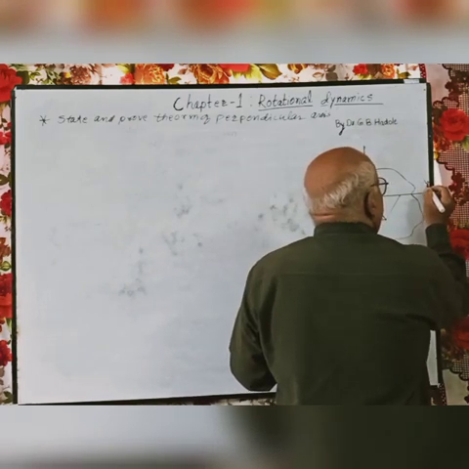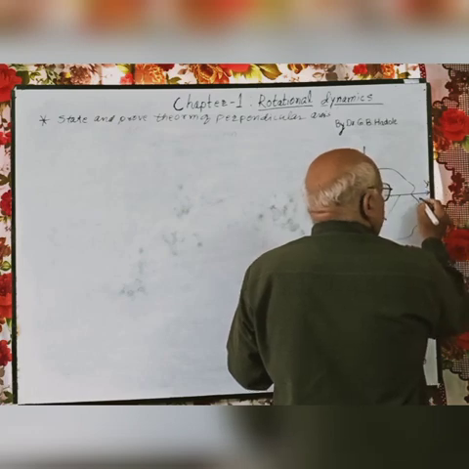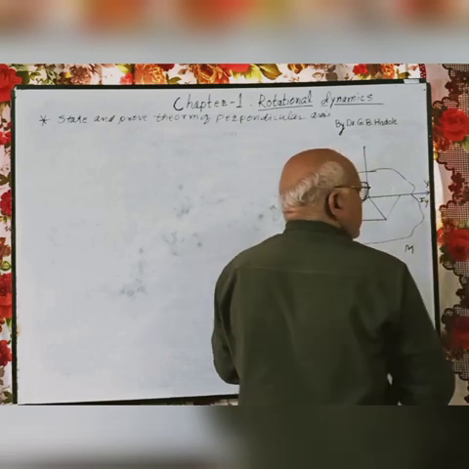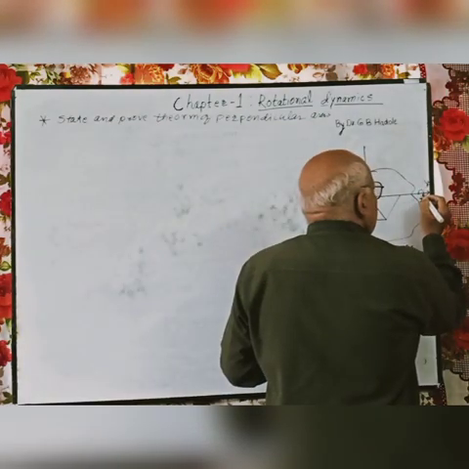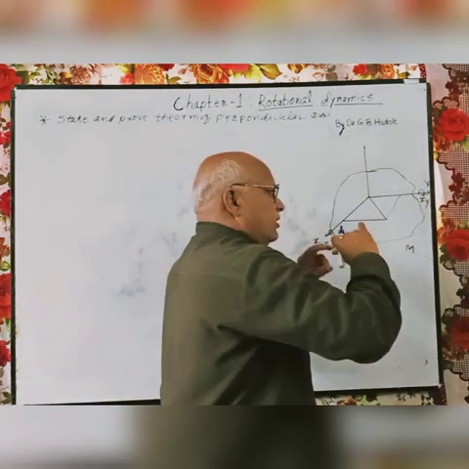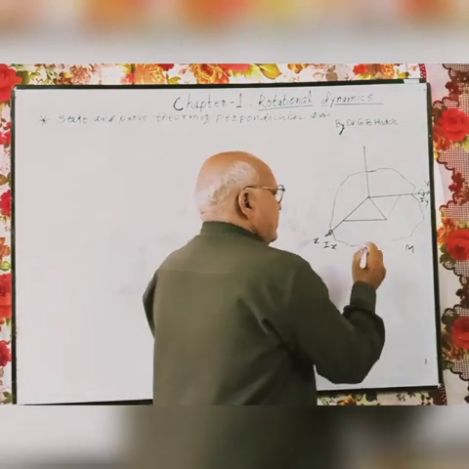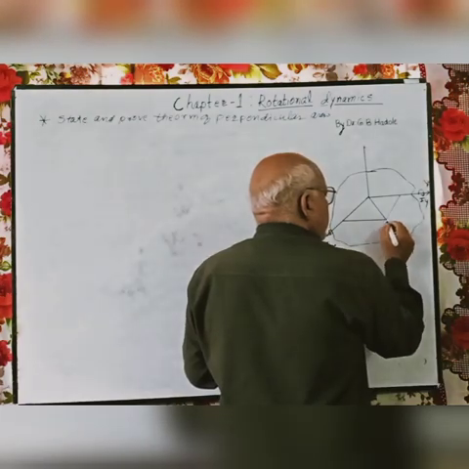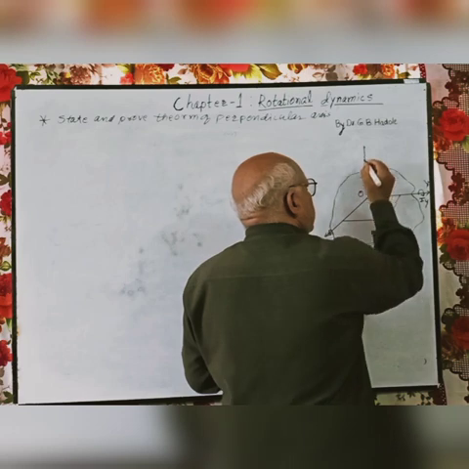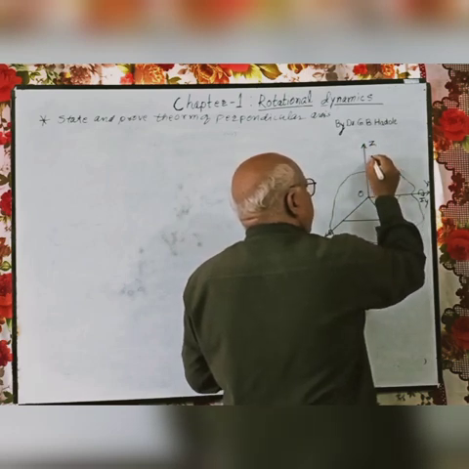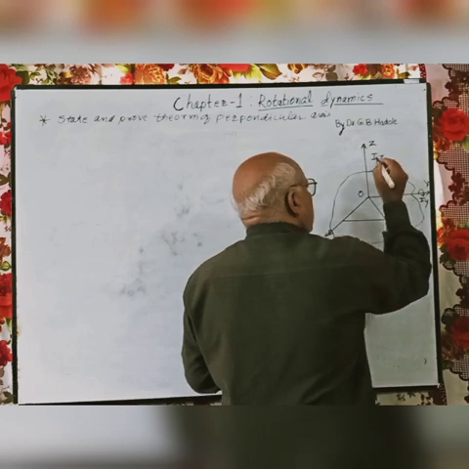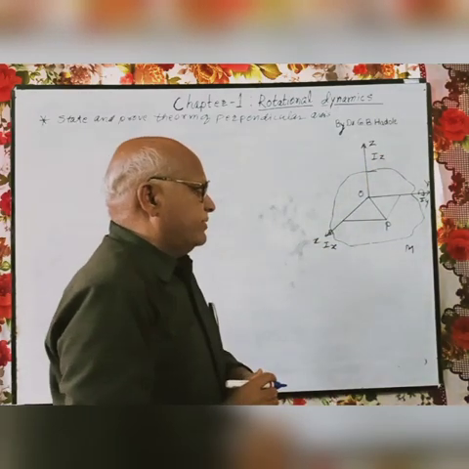This is the y-axis, and Iy is the moment of inertia about this axis. Suppose this is point P, this is point O, this is the z-axis, and Iz is the moment of inertia about the z-axis.